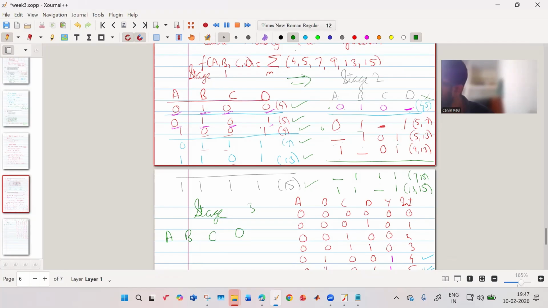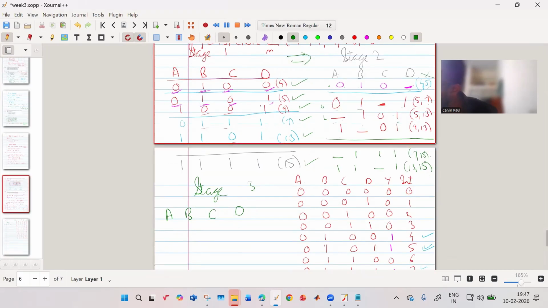Now, let us see between 5 and 7 and 7 and 15. Is there a match? 0 1 underscore 1? No, there's no match. What about between underscore 1 0 1? Yes, there is a match.